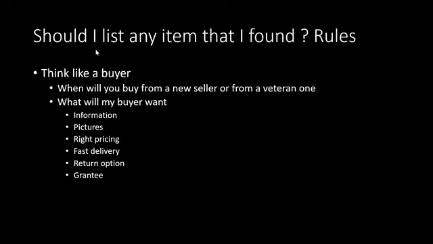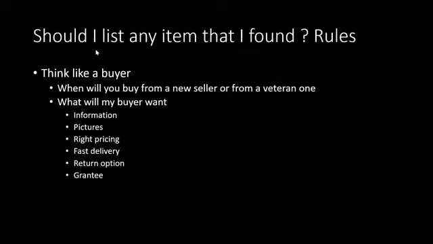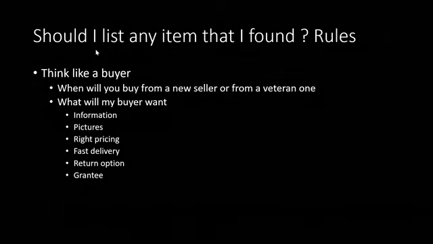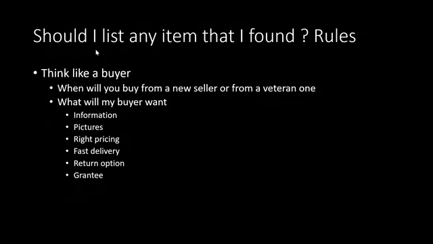So when I list an item that I found, we need to think like a buyer, okay? If you're going right now to buy something online, make sure that when you're looking at your items, you also want to buy from yourself. You won't buy from someone that's offering something to sell and they don't have proper pictures, or the description looks translated in a sloppy way.